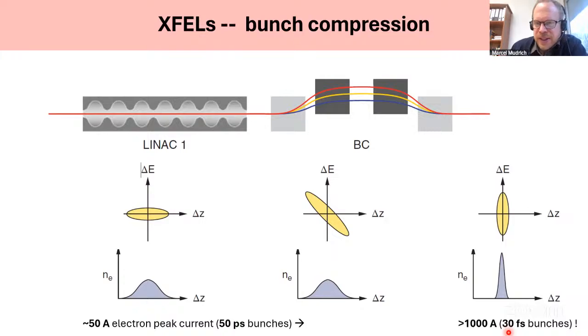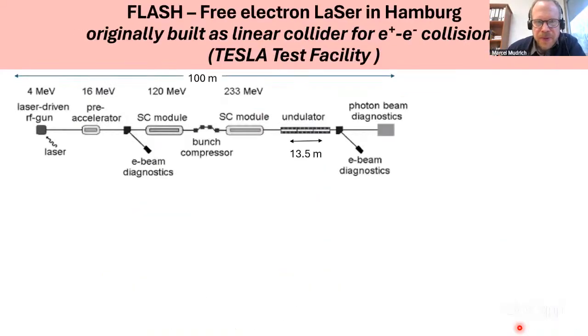Obviously, this much higher peak current helps to get more intense undulator radiation emission, and that is instrumental for the SASE process.